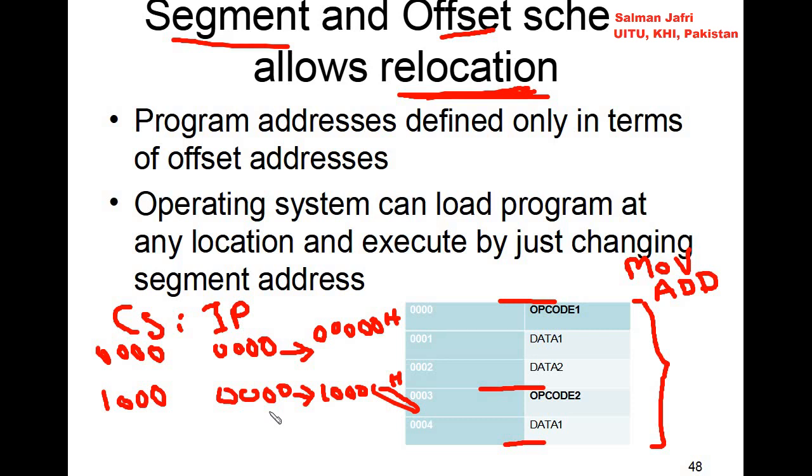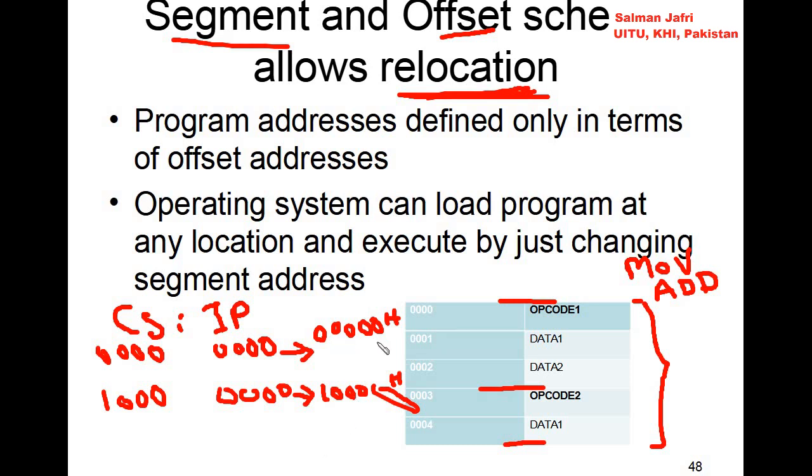If we assembled a program and defined the addresses in terms of physical addresses, every time the segment address changes, since the physical address would change, we would have to assemble the instructions again.